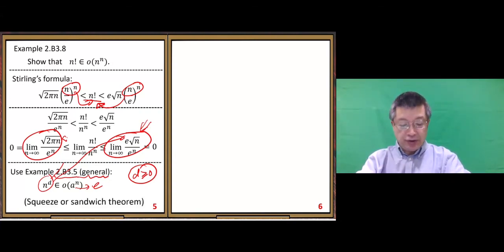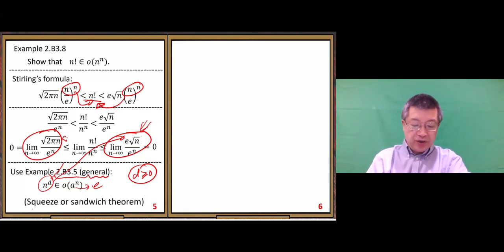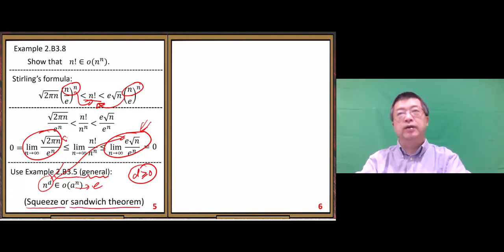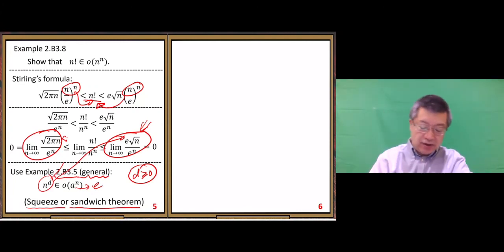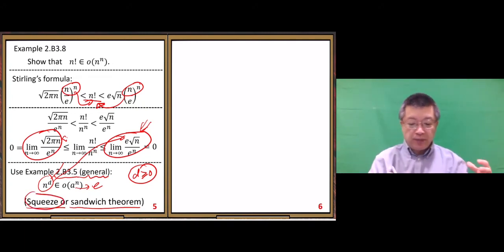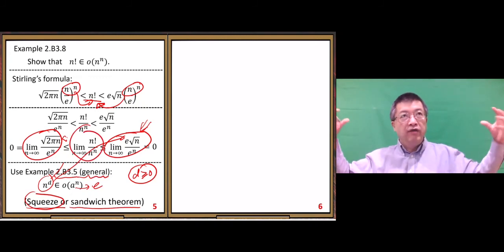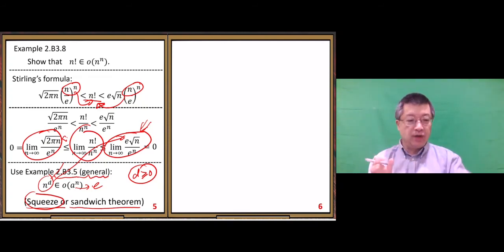Now, for our conclusion, we use the squeeze theorem or sandwich theorem. When you learn calculus, you may see this theorem. Sometimes people call it the squeeze theorem because you squeeze the middle part from the two sides. Both sides are 0, then the middle part's limit must also be 0.